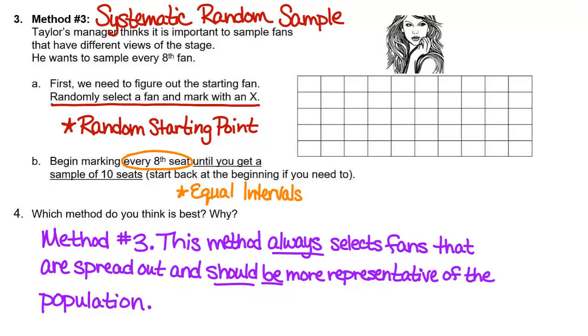You want to find their scores for the seats that you selected for method 1. Add up those 10 scores and divide by 10. Then do the same thing for your cluster random sampling. Find the row that you randomly picked, add up all 10 of the numbers that are in that same row, and then divide by 10, and then do the same thing for your systematic random sampling.